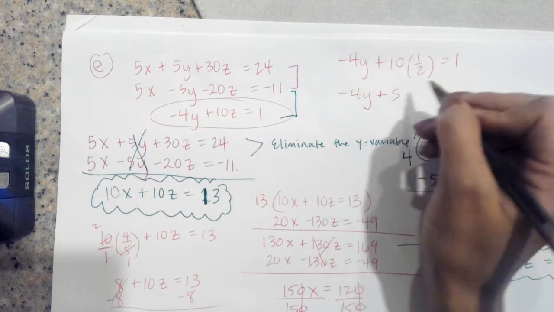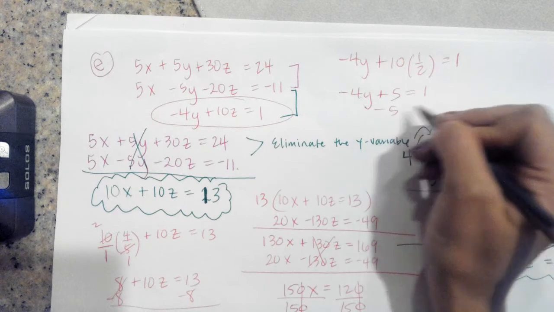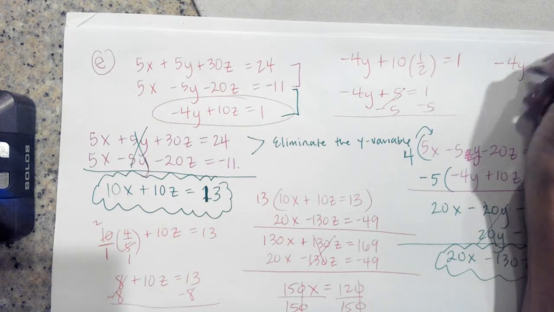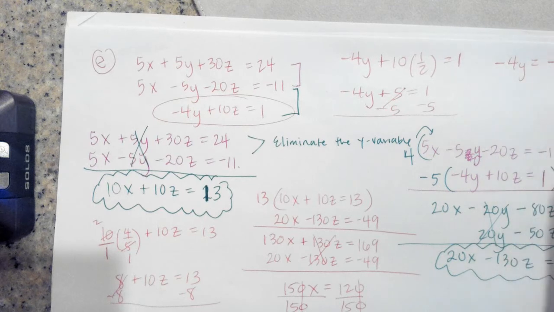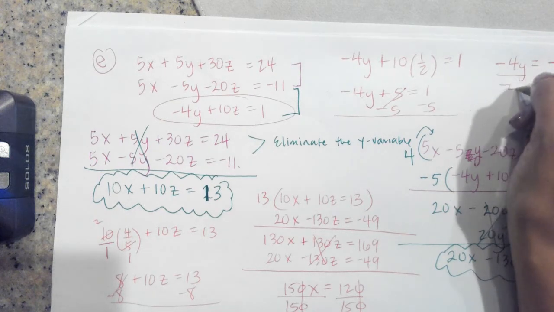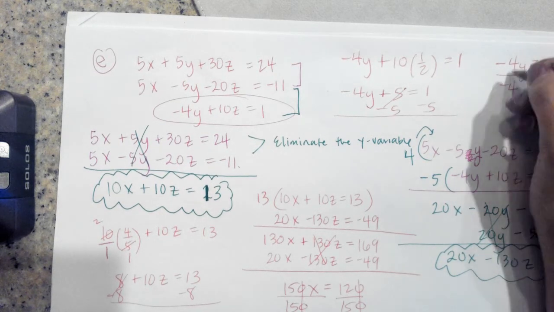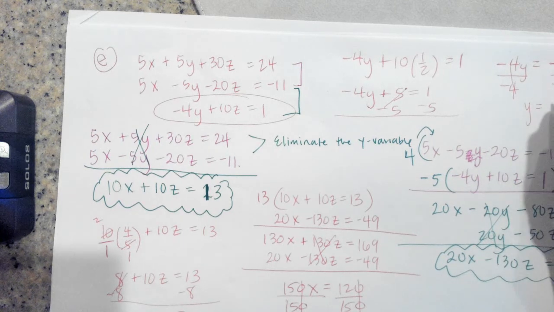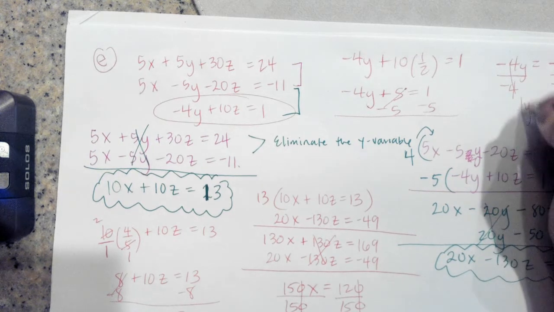Half of 10 is 5. I'm going to subtract 5. And so I get negative 4y equals negative 4. And then divide by negative 4. So y equals negative 4 divided by negative 4 is positive 1.